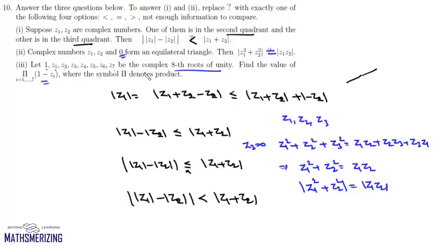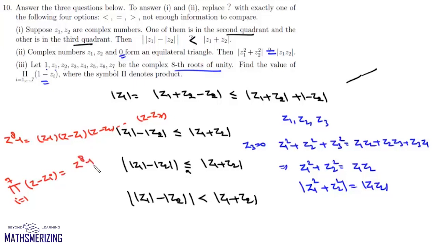So we can write this equation as z to the power 8 minus 1 will be z minus 1, z minus z1, z minus z2 up to z minus z7. So we can write this as the product, i varies from 1 to 7, z minus zi will be equal to z to the power 8 minus 1 upon z minus 1.